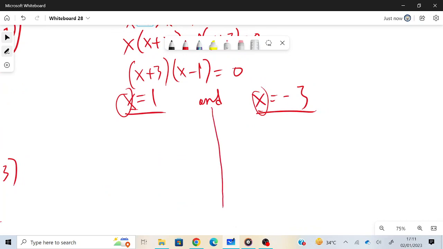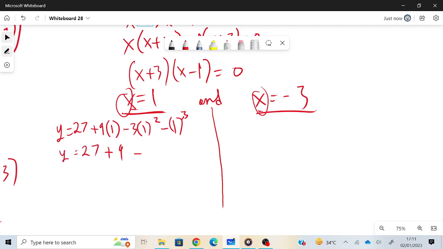Let's say when x is equal to 1, we have y equal to 27 plus 9 into 1 minus 3 into 1 squared minus 1 cubed. This is y equals 27 plus 9 minus 3 minus 1, and that should be 32. So when x is 1, y is 32.